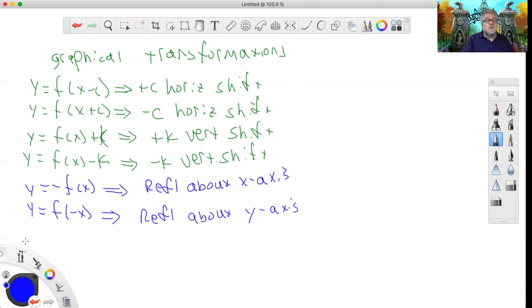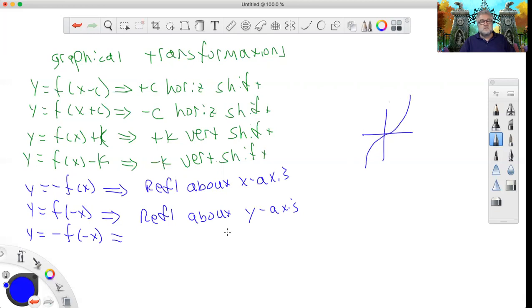Oh, and here's a fun question: what would minus f of minus x be? That would be both a reflection about the x-axis and the y-axis. How would that even look?